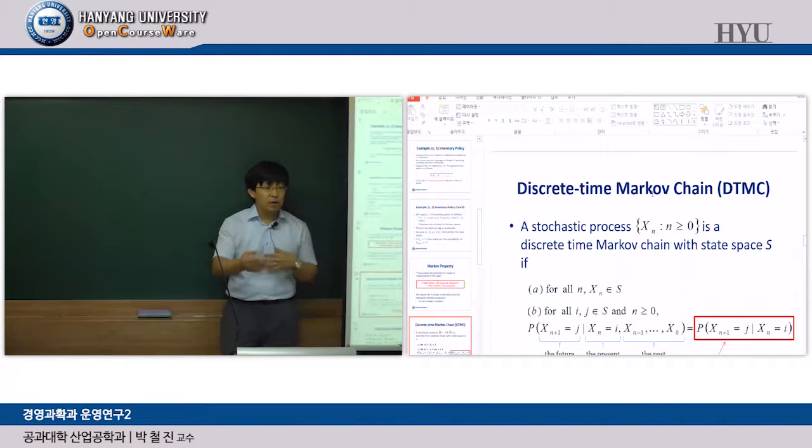This probability does not depend on the information before the present, and this conditional probability is constant for any time n. As long as a stochastic process satisfies these two conditions, we call it a discrete time Markov chain.